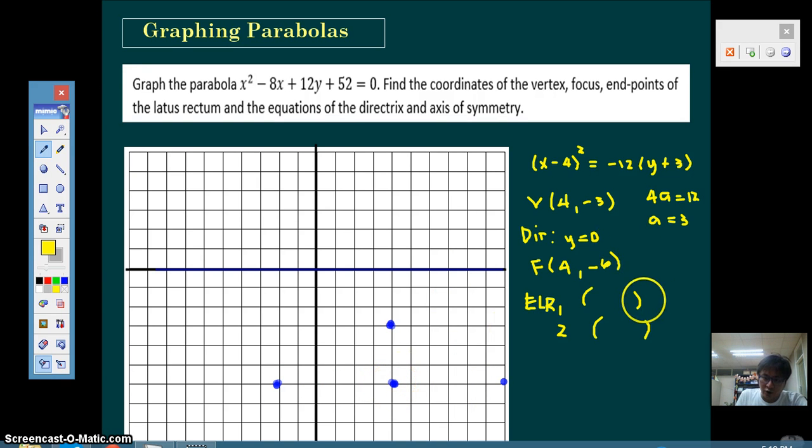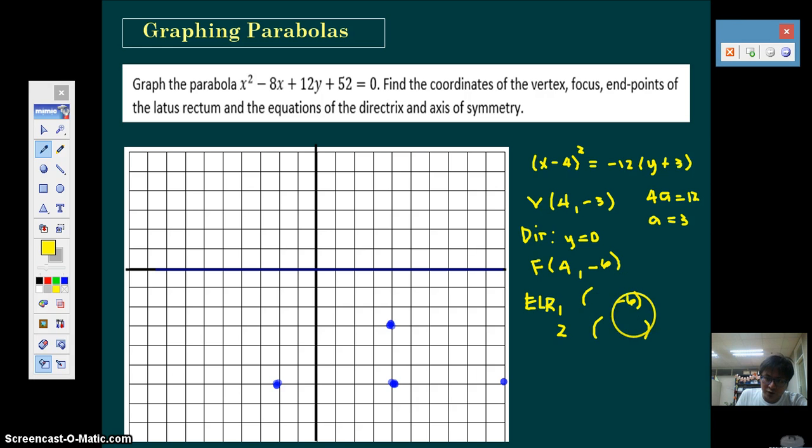So just copy the y-coordinate of your focus, negative 6, and then you move 6 units away from this to the right. So just add 6 to the x-coordinate 4. This will be 10 for this point here, and minus 6 for this point. So you have 4 minus 6, that'll be negative 2. The coordinates are indeed (negative 2, negative 6).